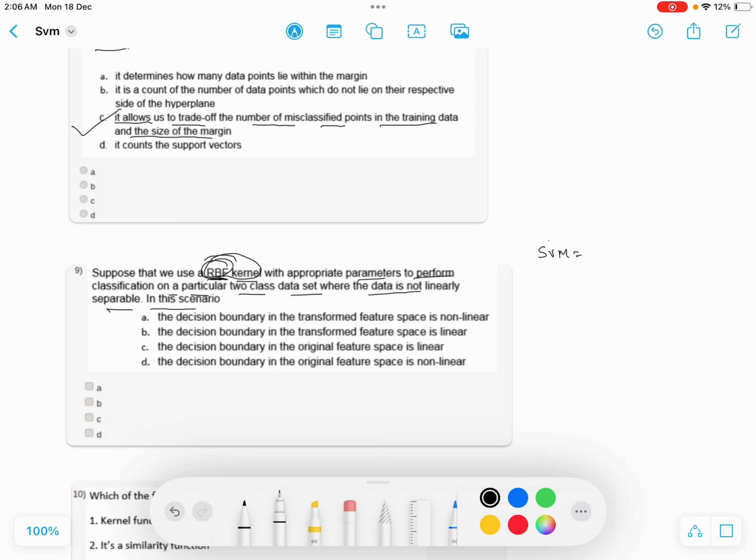The first part is the maximum margin classifier, plus this kernel. If you are not making use of this kernel function or kernel trick, then SVM is nothing but a simple linear classifier.